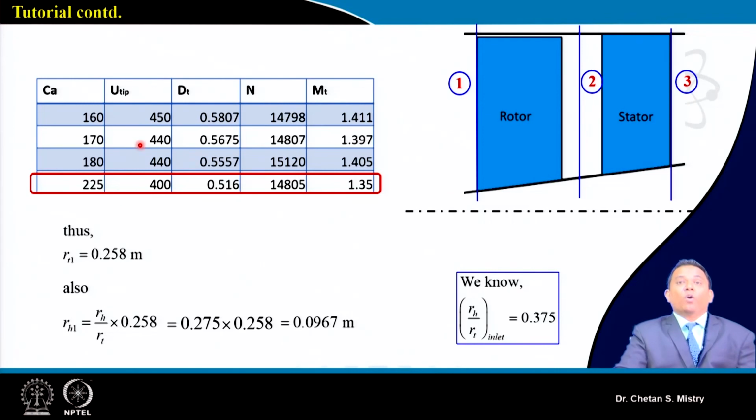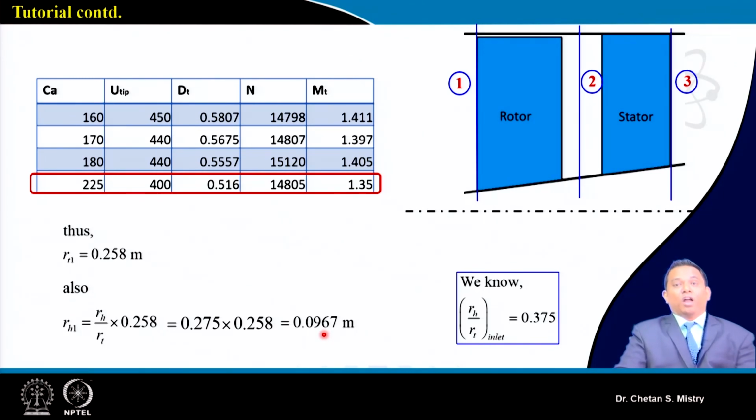Now once we have selected these numbers, we know our radius ratio. The radius ratio at the entry station is given to us, so we will be putting 0.375 into this radius that we have calculated, which is 0.258. That gives me my hub radius at the entry and my tip radius at the entry.